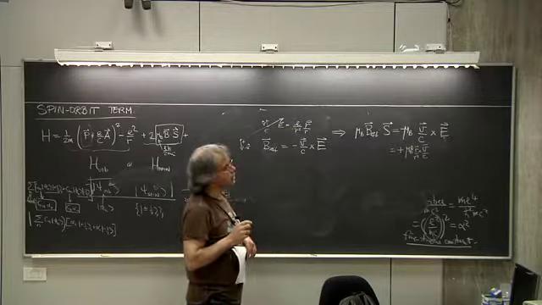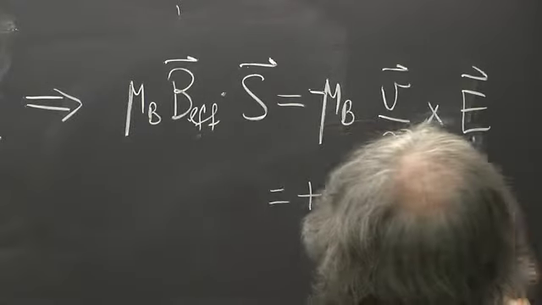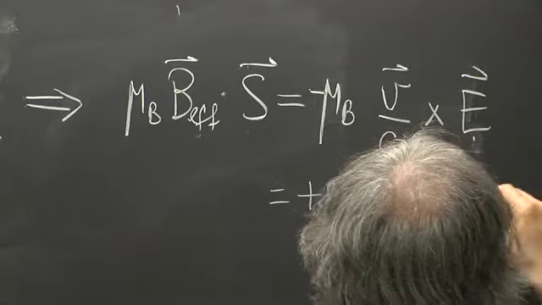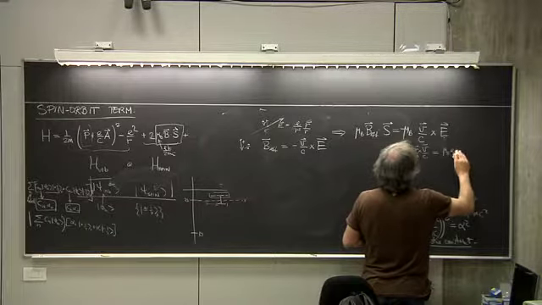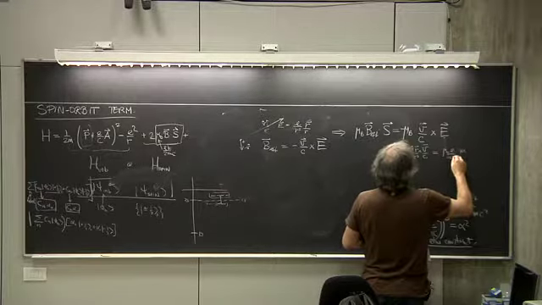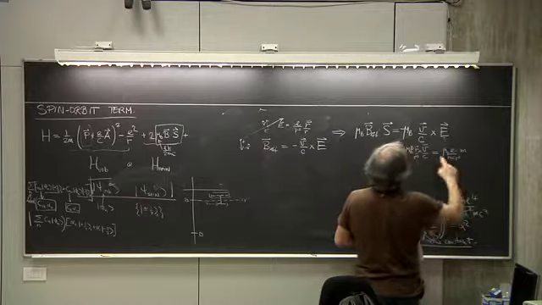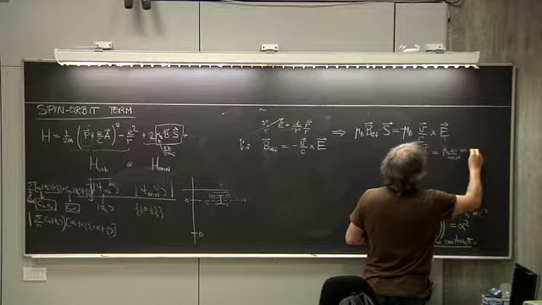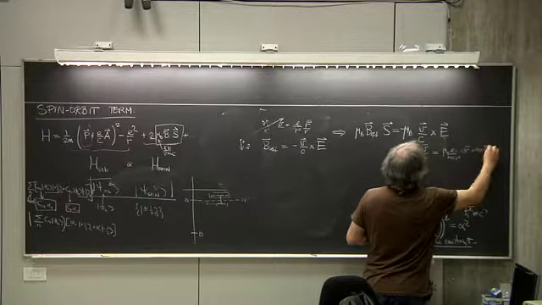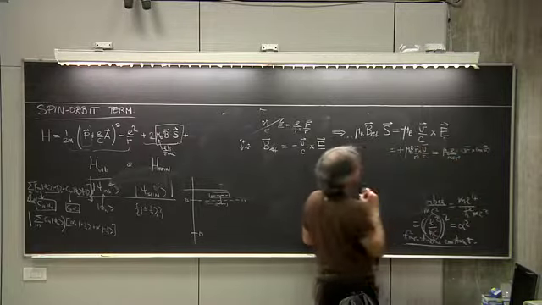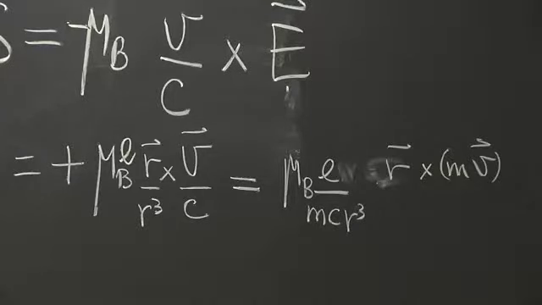Is this reasonable? Now let me add an extra mass in the numerator and denominator. So I have mu B, e, another mass, a mass in the denominator, a c, an r cubed, and then I have r, mv. I've accounted for everything. Just rewritten the same thing with an extra mass here and there.